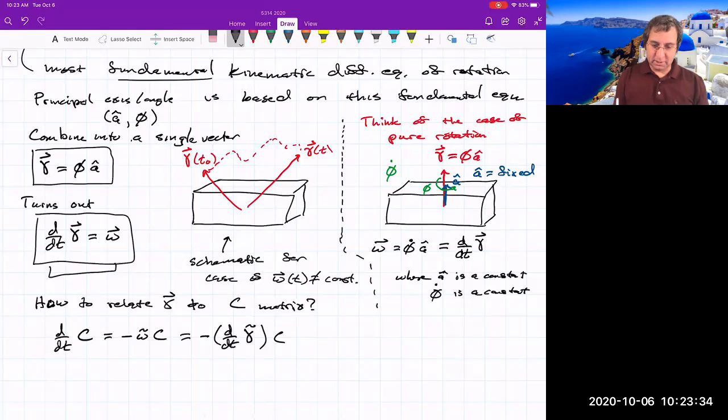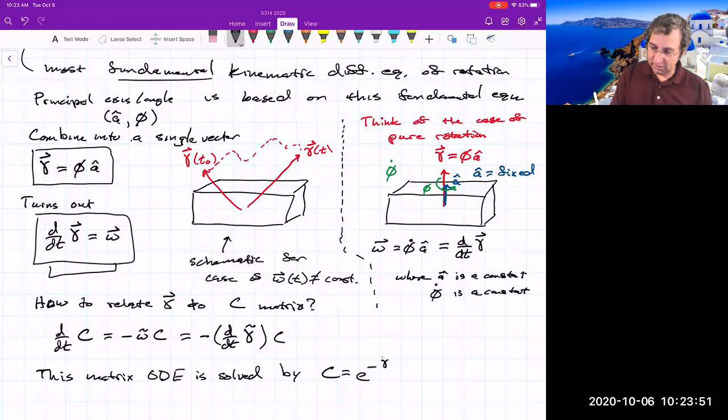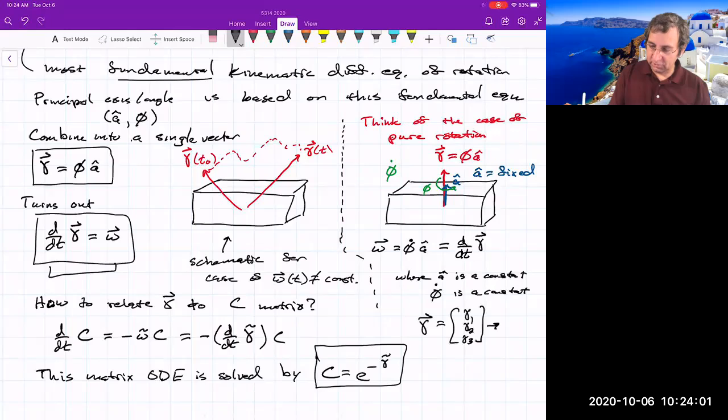So this matrix ODE is solved by C equals the exponential of minus gamma tilde, where we use all the same approach. If we have gamma as a vector, gamma 1, gamma 2, gamma 3, then we can construct a 3 by 3 matrix gamma tilde, the cross product equivalent matrix.